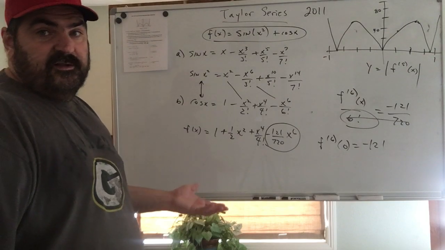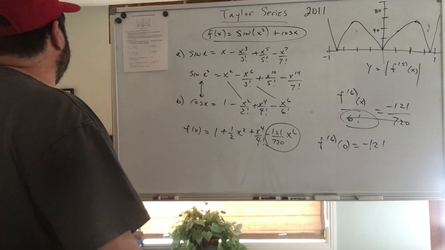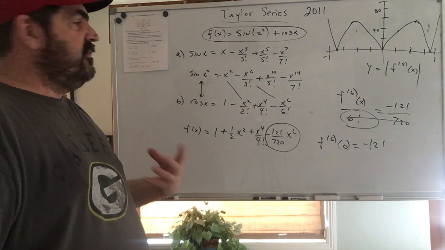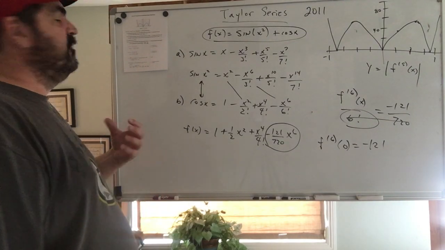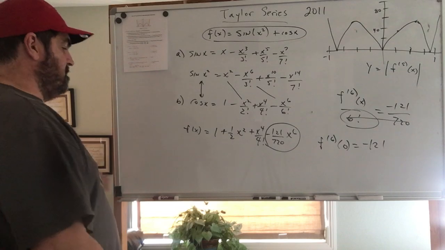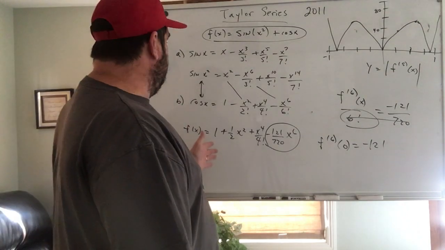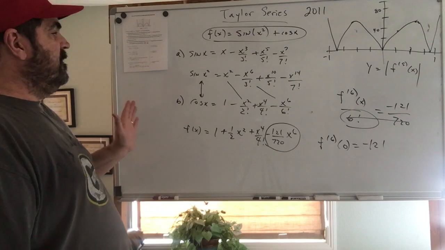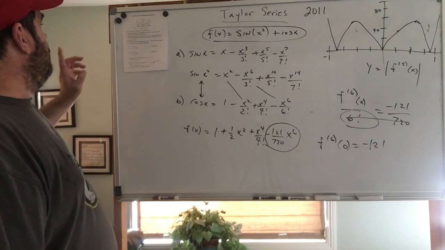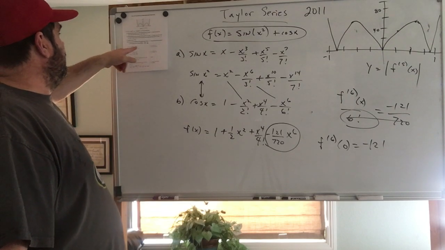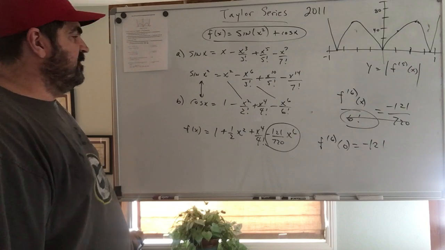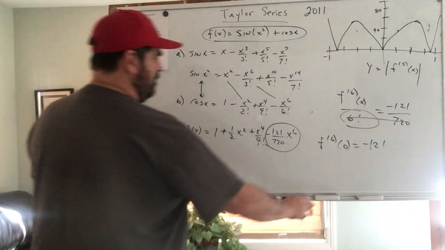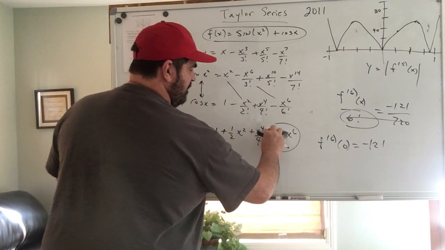Again, the Lagrange was taken off the test, so they want us to show the error of our value is less than 1 over 3,000. Well, what we have to do is the first neglected term. They said let P of 4 be the Taylor, so now they want me to look at P of 4.